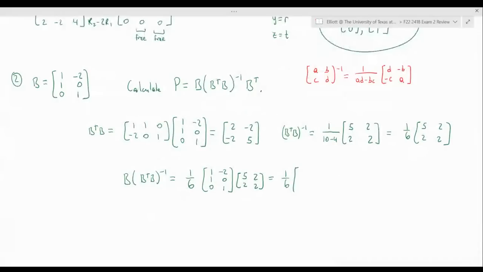So here we get 5 minus 4 is 1. 2 minus 4 is 2. And then 5, 2, 2, 2. Okay.